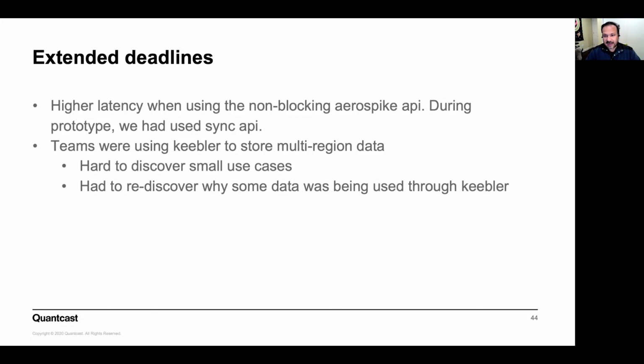And there was a tail of use cases that we had not thought about, and we had to go back and find out what those use cases were. Either remove those use cases or retire those use cases, and that caused our deadline to go over by a big margin.